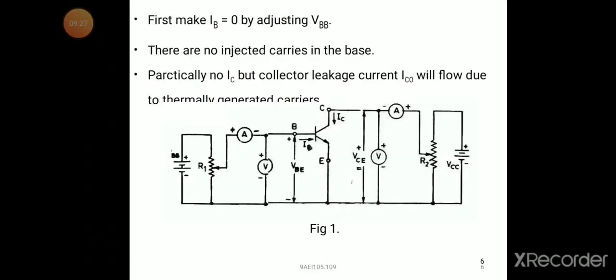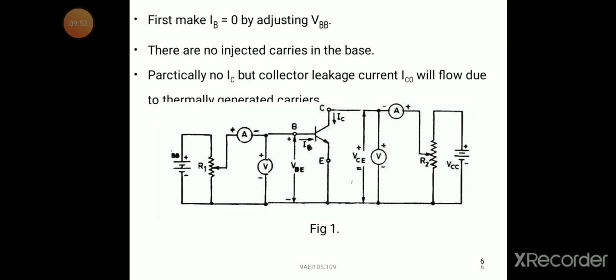First, what we need to do is make IB, the base current, 0 by adjusting the VBB. When IB is 0, there are no injected carriers in the base.